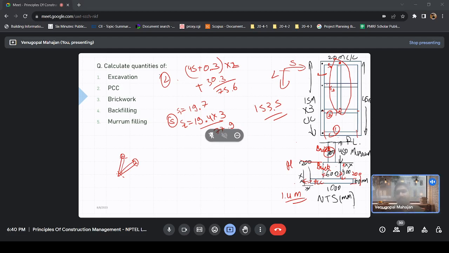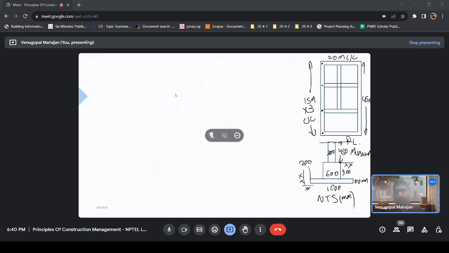For excavation, PCC, brickwork, backfilling, can you calculate? So I'll just write. For excavation, we have got length is equal to 153.5 meter.